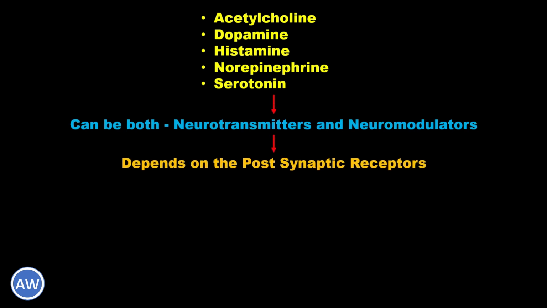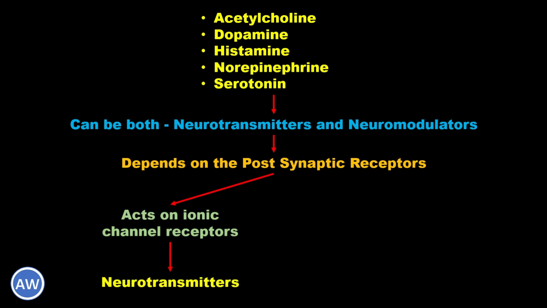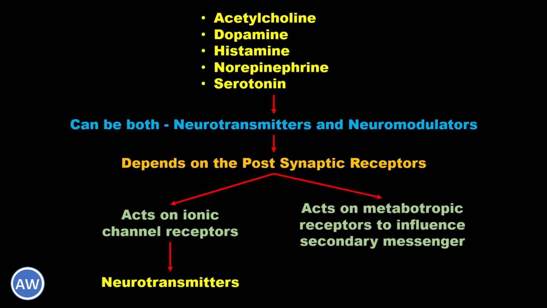The difference lies in the receptor molecules on which they act. If they act on an ionic channel, they are neurotransmitters, and if they act on the metabotropic receptors, which in turn influences a secondary messenger, then they can be considered as neuromodulators.